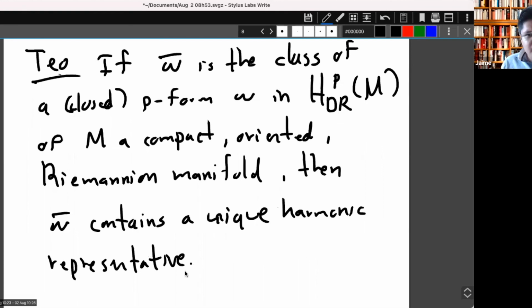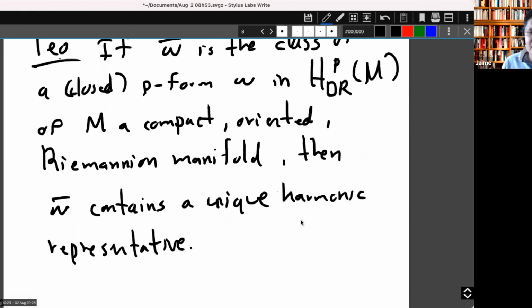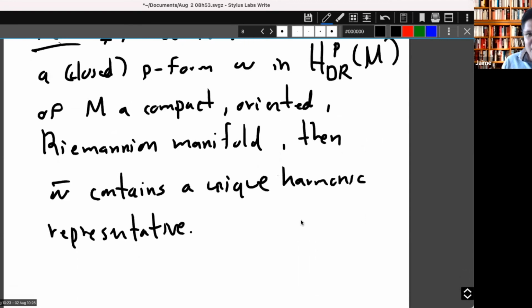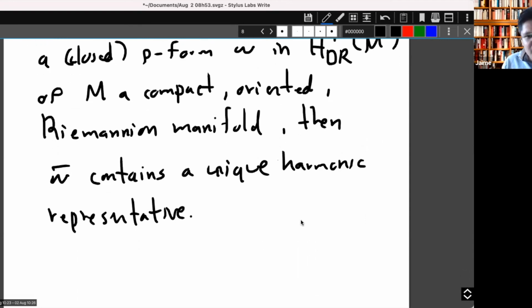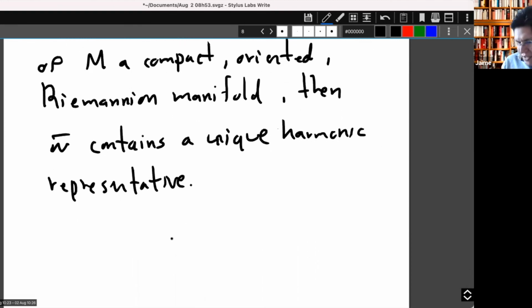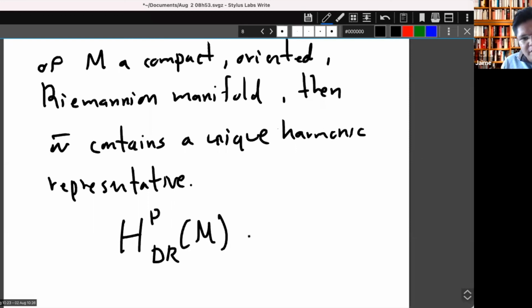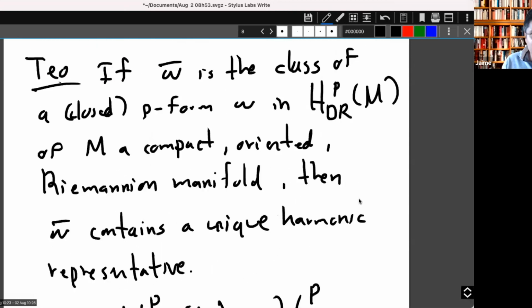It is not very surprising that it should be like that, but once we know the Hodge theorem, okay? So what I'm saying is that you can identify the de Rham cohomology group with the space of harmonic P forms, okay? I mean, every closed harmonic form, of course, is in the de Rham group, but the other way around is an important part of this theorem.